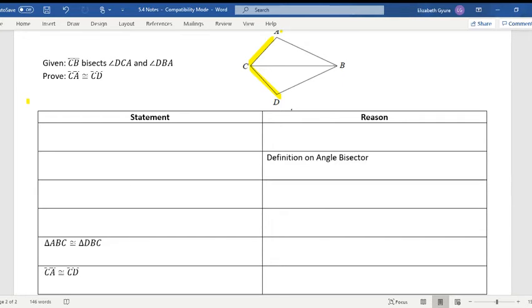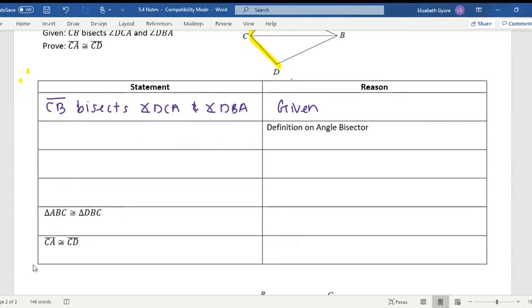Exactly. So let's put in our freebies, our given. So segment CB bisects angle DCA and angle DBA. So there is my given. And then I have a few other things filled out for you.